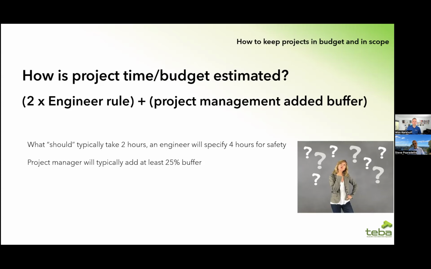So the engineer gives you this is how long it's going to take. And then if you've got a project manager, they look at the hours and go, yeah, things can go wrong. We should add another buffer. And project managers tend to add another quarter to things for some reason on average. So that 2-hour job that should take 2 hours ends up being quoted as 5 hours.